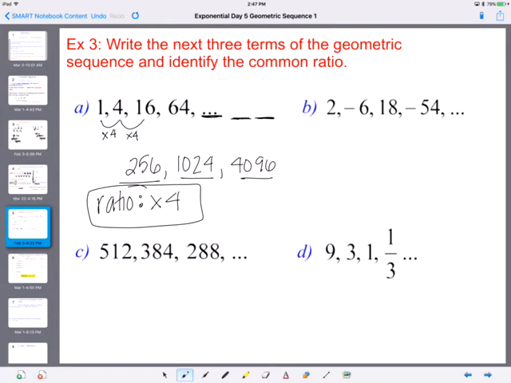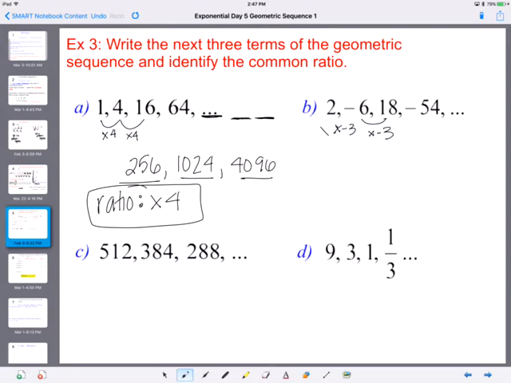The next three terms in the next sequence: how do we go from 2 to negative 6? We multiply by negative 3. Negative 6 to 18, times negative 3. 18 to negative 54, times negative 3.